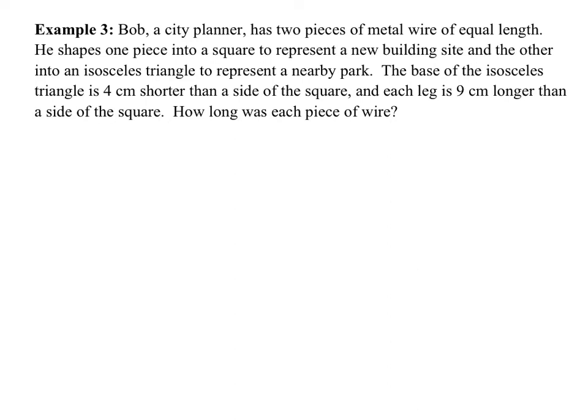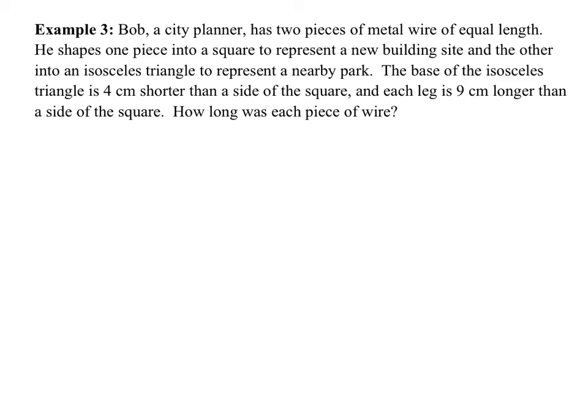So I got 2 pieces of wire, and one of them I want to bend into a square, and the other one into an isosceles triangle. Okay, but they're equal in length. So I'm taking each of them. Let's say this is the square. 1, 2, 3, 4. It's not bad, right? So there's your square from the 1 piece of wire for the first one. And the second one, we want to make this into an isosceles triangle. So let's make this the base.